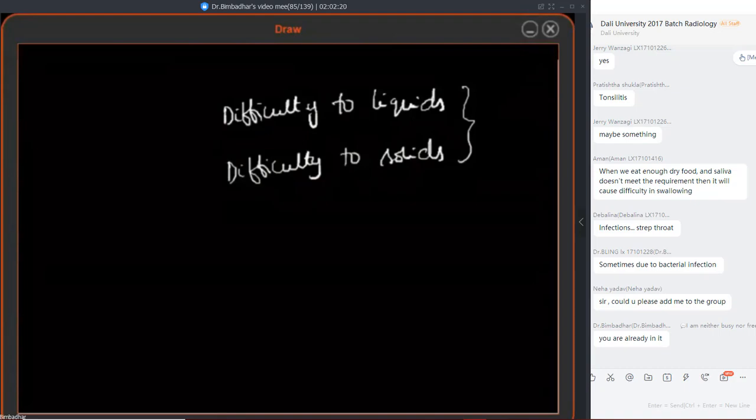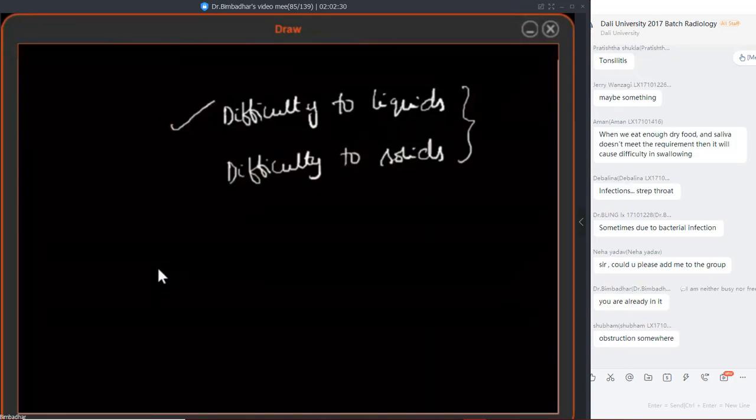Try to analyze the situation and tell me why the patient must be complaining that there is also difficulty to the liquids. Obstruction. Perfect answer.